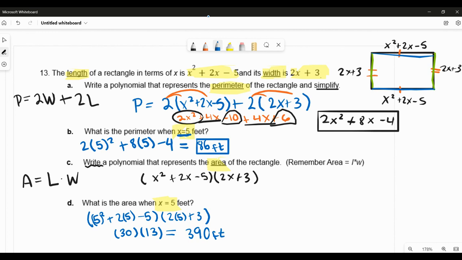And since it's area, I should write that here, area is always in feet squared. So it's whatever unit you're in, squared. And you'll learn more about that when you get to geometry. And so that is our final answer. We are done with question number 13. We have one final video for number 14, and then that is the end of this test review.